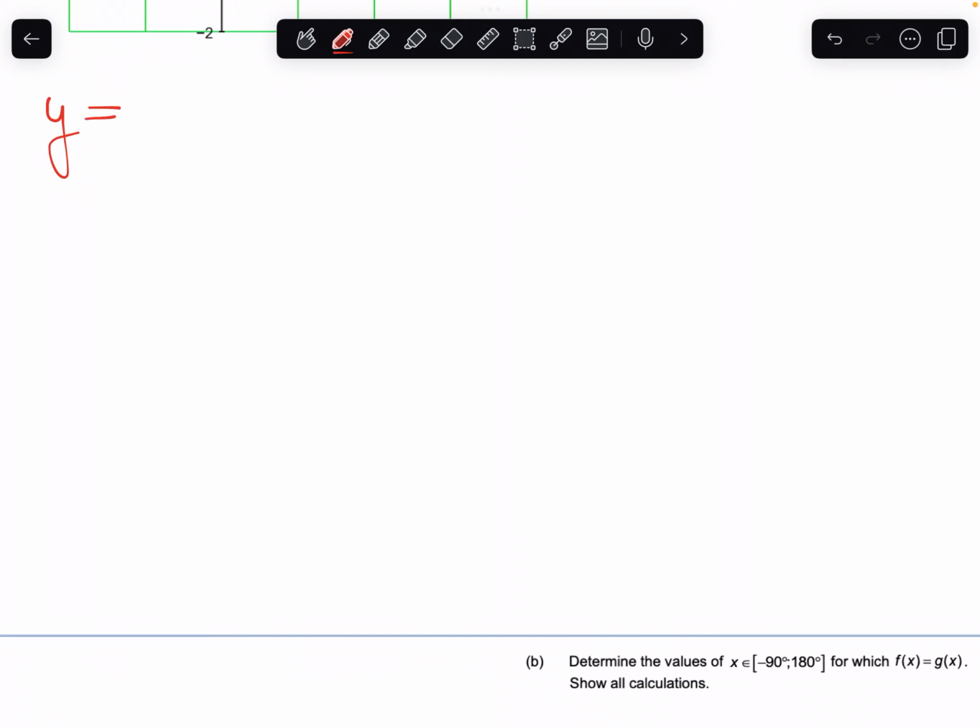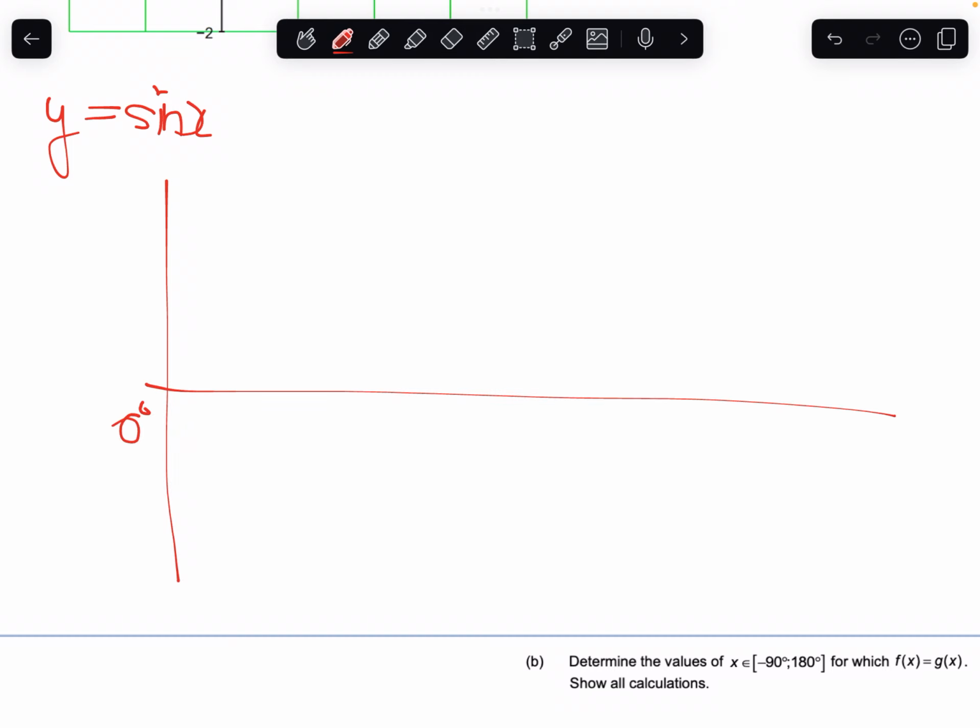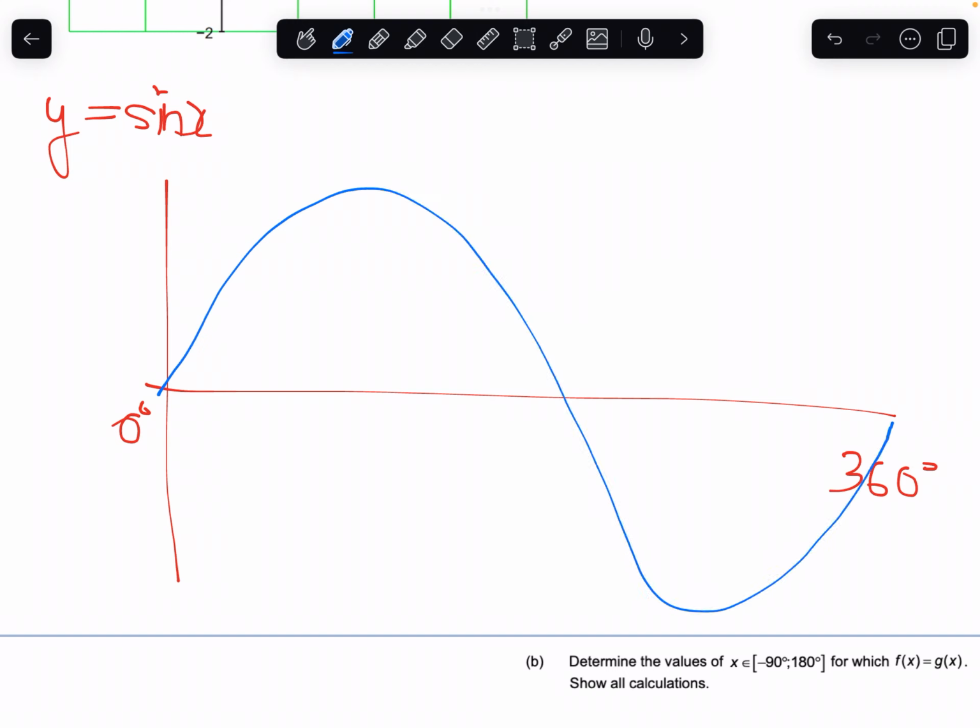So I like to first think about, okay, what does y is equal to sine x look like? I'm going to draw this nice and big for myself. And I look at it from 0 to 360 degrees, so one full wave. So I know that it will do that, for example. And my main characters, as I call them, are my x-intercepts and my turning points.